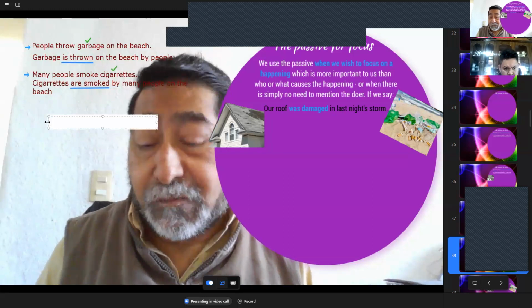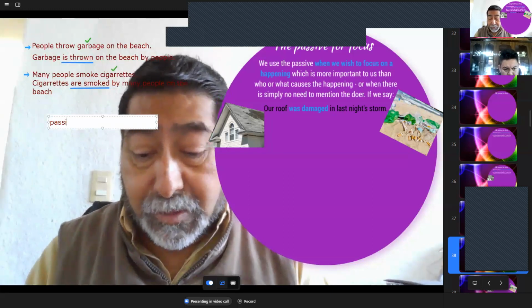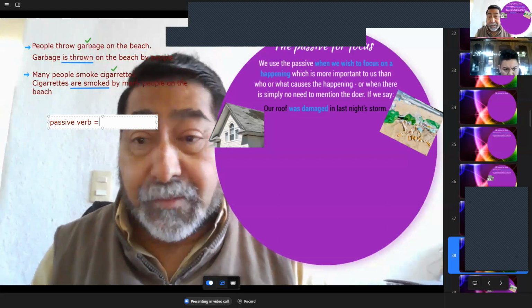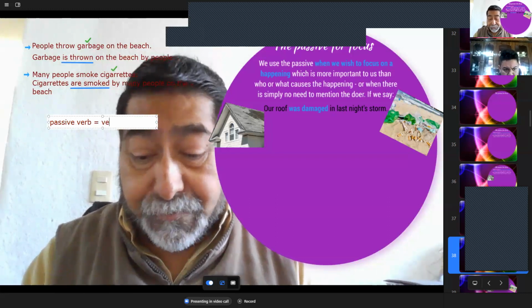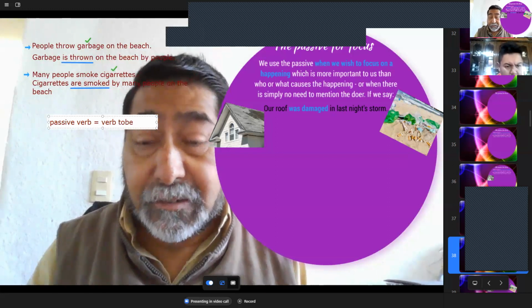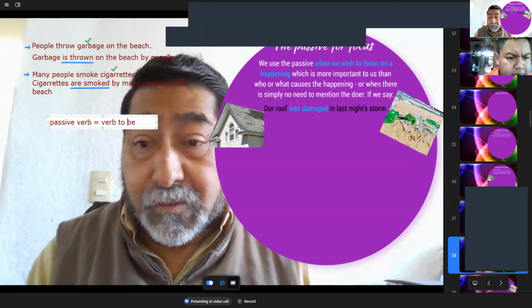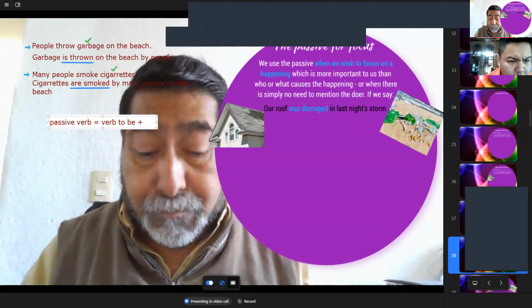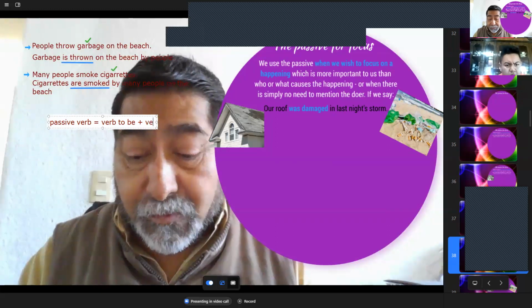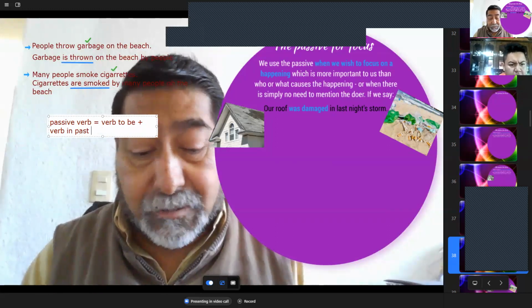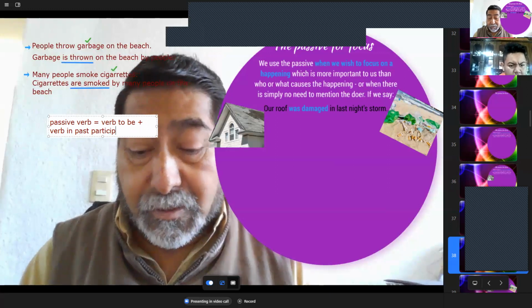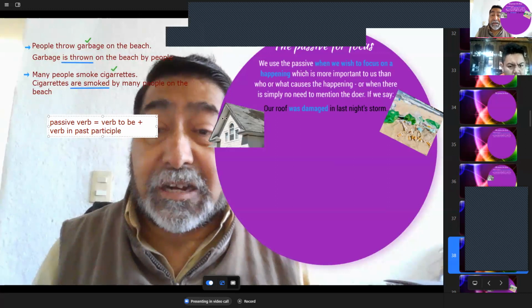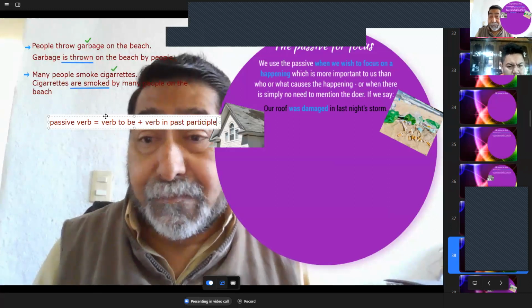My passive verb is formed with the verb to be plus my verb in past participle. Okay, now this is how I create the passive verb.